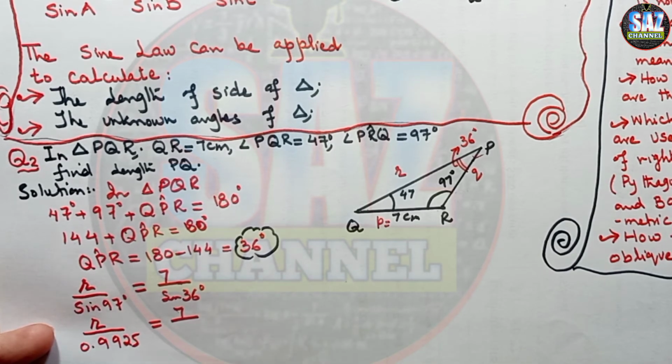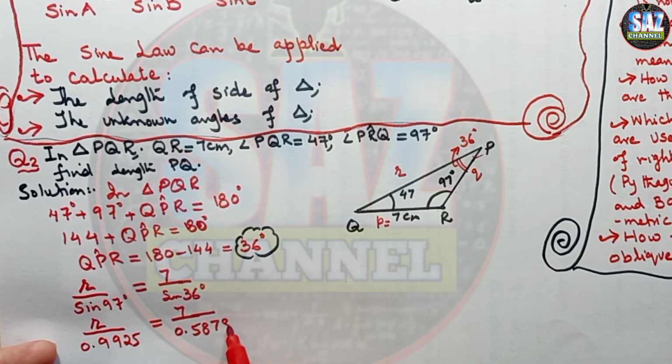Let me check sine 36 degrees. Sine 36 is 0.58778, which I will take as 0.5878.